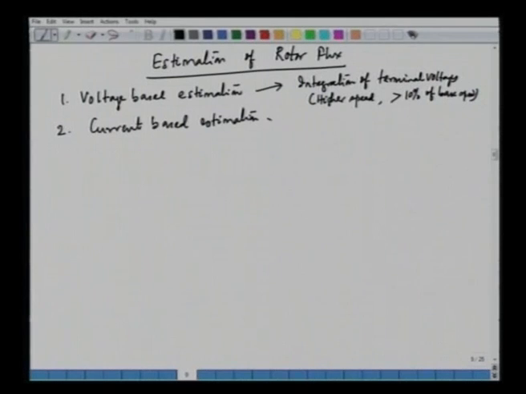The current based estimation is computationally intensive and suitable for throughout the speed range.